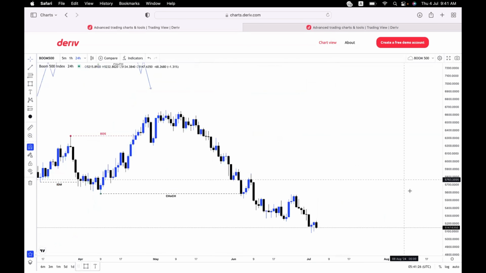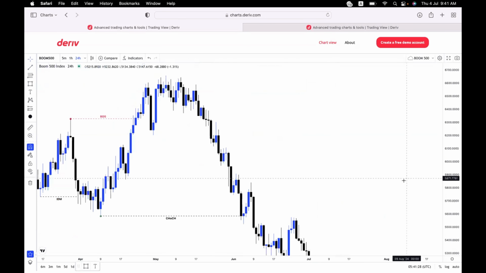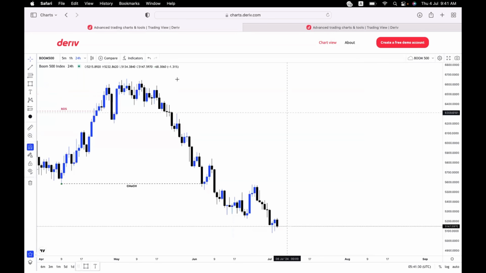sell possibilities, right? So here, the same thing. You can see as price was going to the downside, it was creating impulses and pullbacks, right? From this point, it created an impulse up to this zone, then a pullback, right?